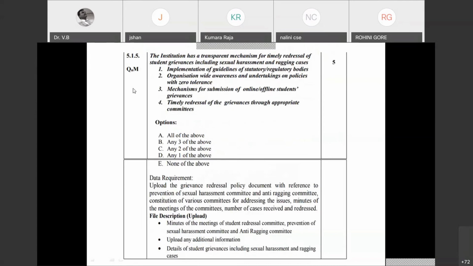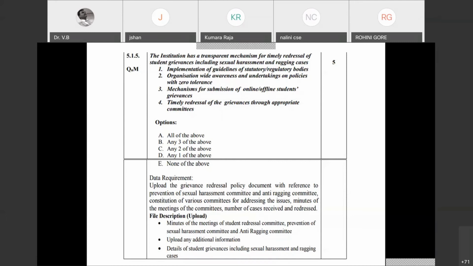And this is regarding the student grievance. Here, if you say that you have all the three, that is, a grievance mechanism is there and the grievance has been addressed, then you need to have a copy of the letter in which the student has expressed his grievance, or in case you have a standard format which says the name of the student, the department in which he is studying, the name of the program he is pursuing, and the nature of the grievance, then a copy of that should be enclosed.